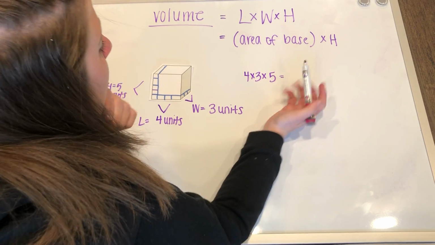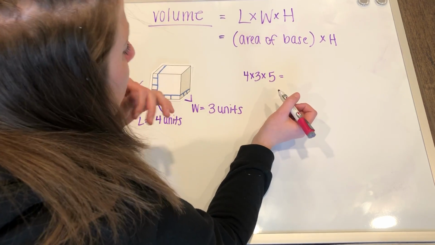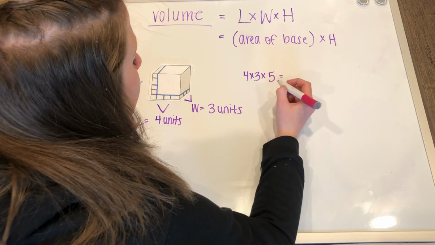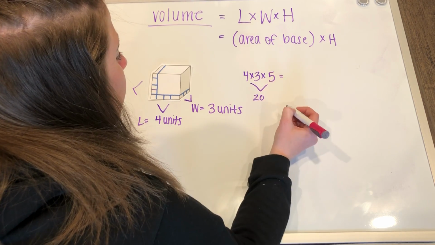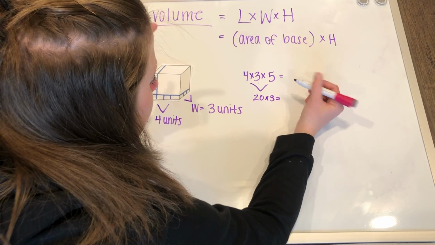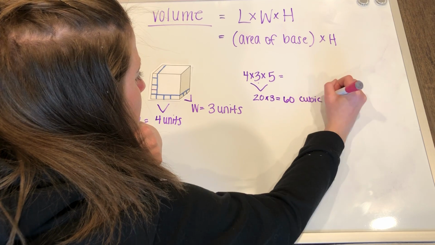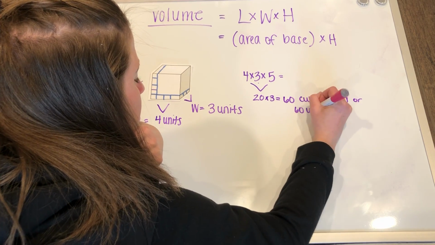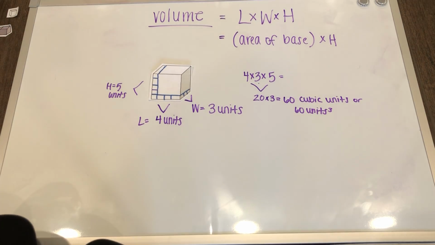Now, you do not have to multiply it in order of length times width times height. You can multiply it in any order that you want, the order that's easiest for you. What I'm going to do first is I'm going to first multiply 4 times 5, and I'm going to get 20. And then I'm going to multiply it by 3, and I can easily count by 20s, 20, 40, 60. So my answer is going to be 60 cubic units, or 60 units cubed, because we have 3 units. Okay?